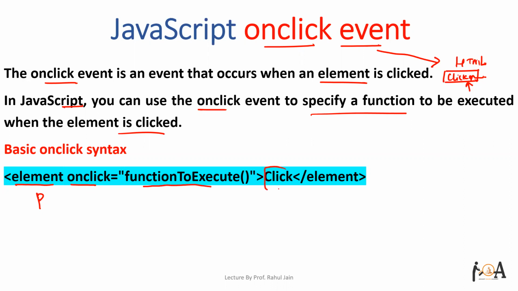And this "click" is basically the text which is going to be seen on that particular element, correct? So if it is a paragraph, we are going to see that text as a paragraph. If we are using this as a button, then this button will be created, and on this particular button, click will appear.